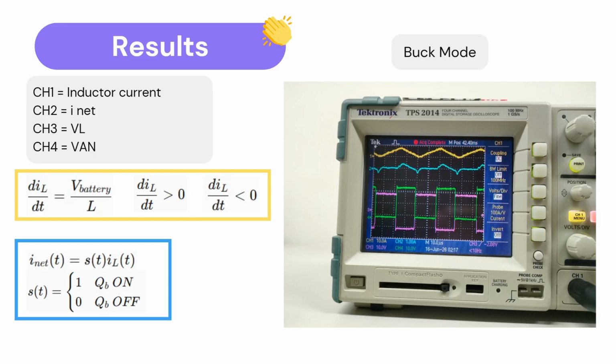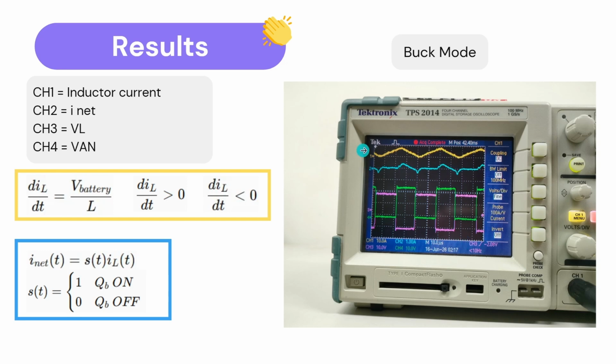And here's the result. In the buck mode, we have 4 channels. The first one is the inductor current, the second one is the INAT, which is the current from the gate MOSFET, channel 3 is the inductor voltage, and channel 4 is the VAN voltage from node A to node N from the previous implementation.